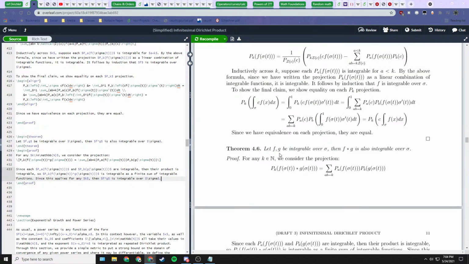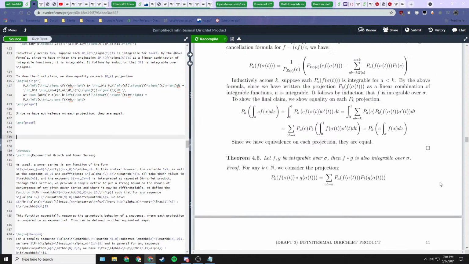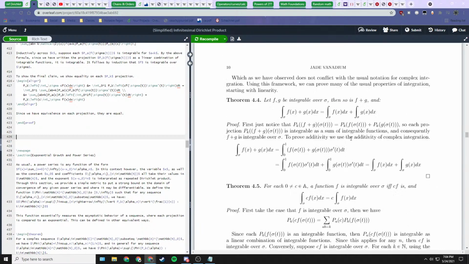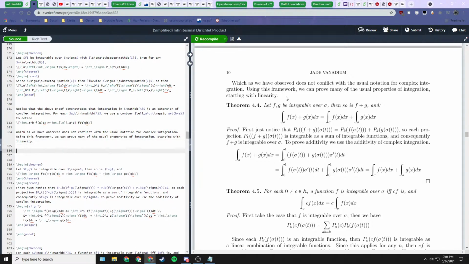Okay, not bad. So actually I'm going to take this whole theorem and put this above the portion for multiplication by constants. I'm actually going to put this first.